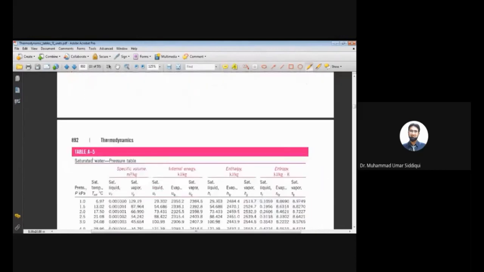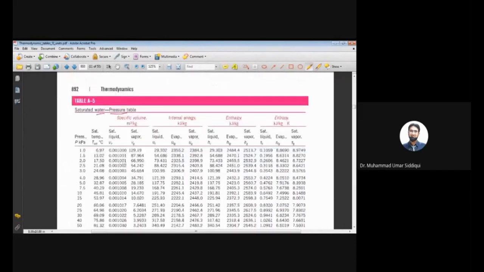So this is for water. Then table A5 is for saturated water, but this is a pressure table because the first column is the pressure. Corresponding to this first column, all other properties are given. So we'll have saturation temperature and then the specific volume. Then we have the internal energies, we have enthalpy, we have entropy, all these properties. The same properties are provided, but corresponding to the pressure.